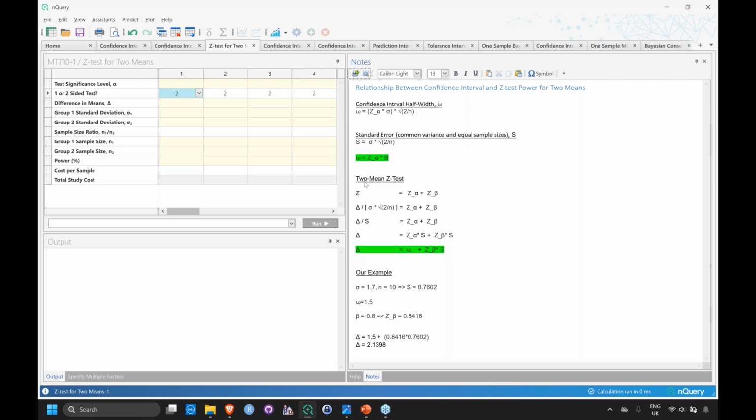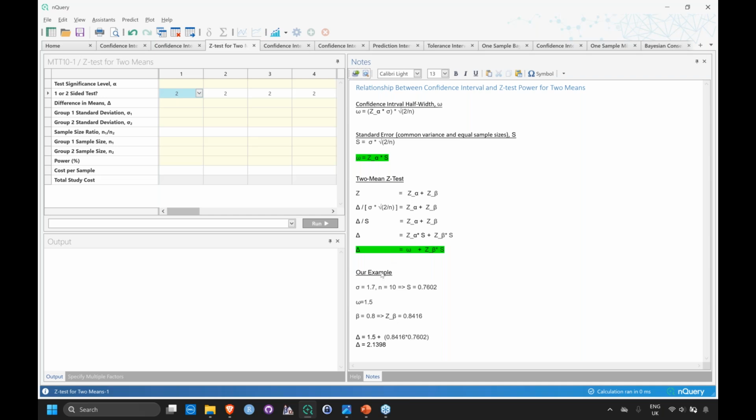Then the definition of the Z statistic for this two means test is the difference in means, denoted delta, divided by the standard error. So putting that all together, you can get an expression for delta in terms of the confidence interval half-width, the standardized Z statistic for the power, and the standard error, the other green here.